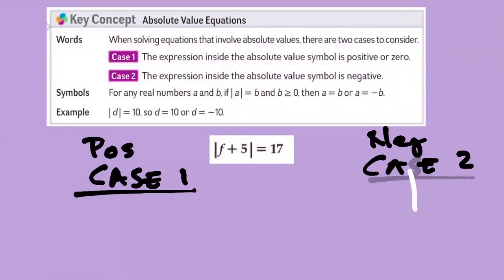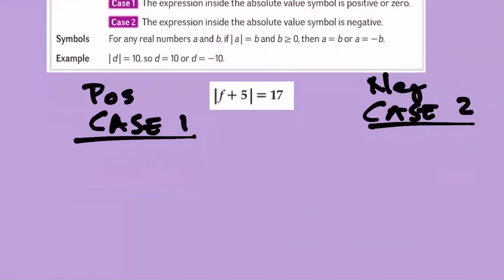So the positive case of this situation, all right? The positive case of this situation is that whatever is inside the brackets, let me highlight it instead.